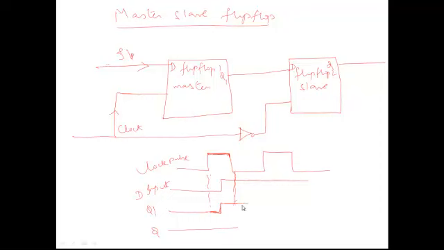The master will stop responding till any next change. Now the slave is responding only in the negative level. The D input of the slave is Q1. So Q1 is high, and at this point the slave will go to the high state.